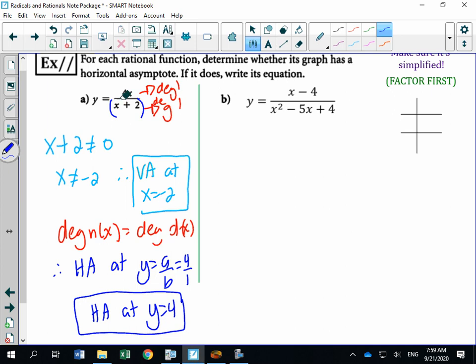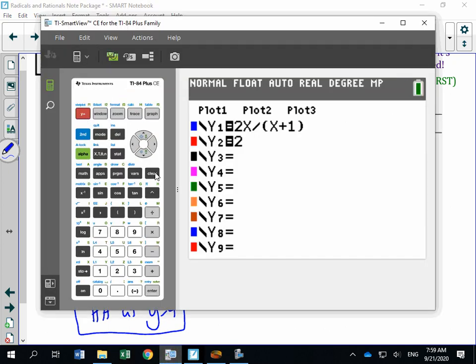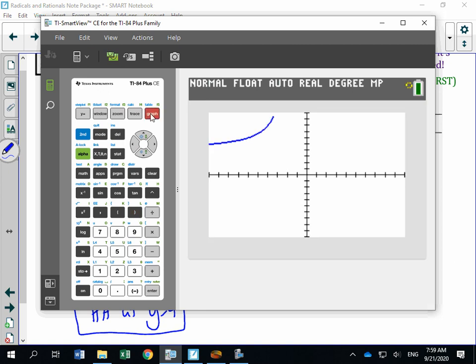And let's see if we're correct. So in y1, we're going to punch in 4x. So we're going to punch in our numerator first, divided by our denominator, and our denominator is x plus 2. And when I graph this, okay, so what I have is at x is equal to -2, there's an invisible vertical asymptote here.